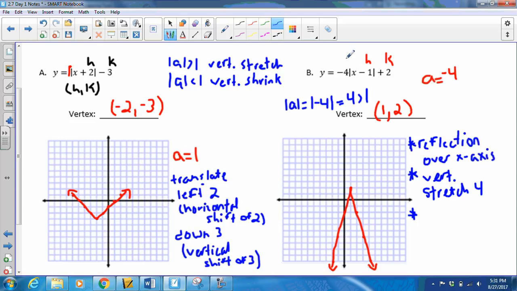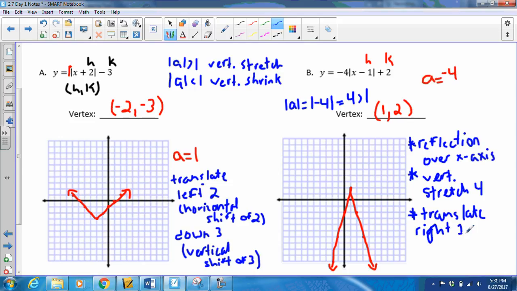Now we have to see if we translate it. So here, if we look at our h, it looks like we translate it to the right one. So here I'm going to write translate right one. Now, if you don't want to use the word translate, you could say horizontal shift.